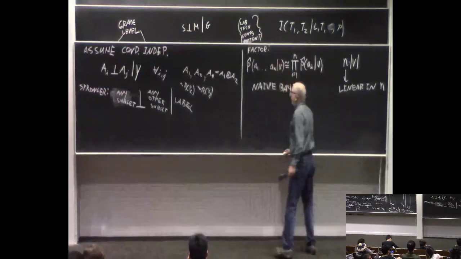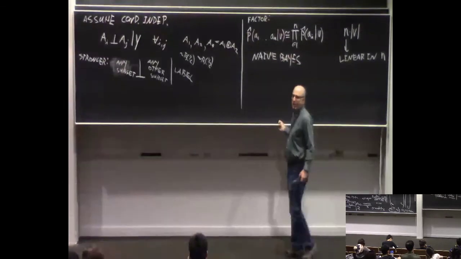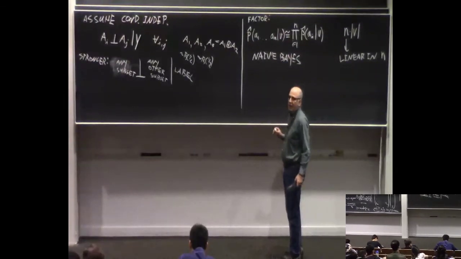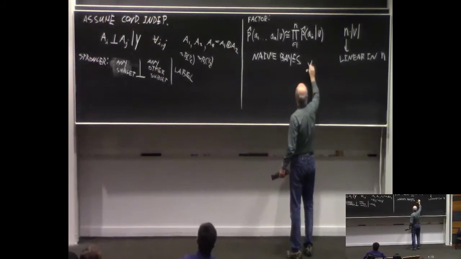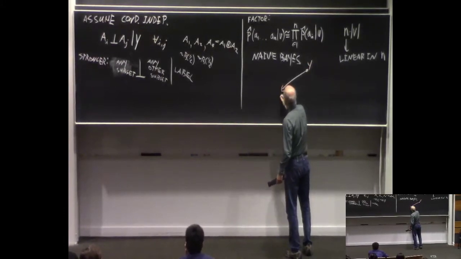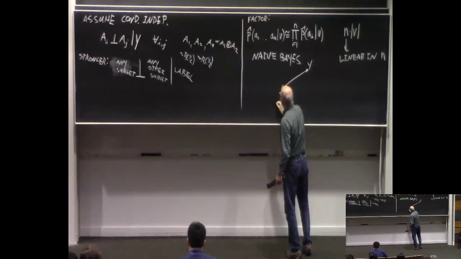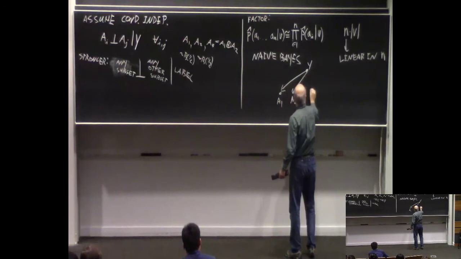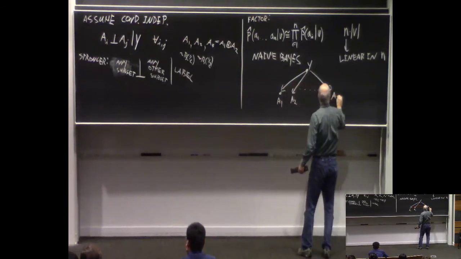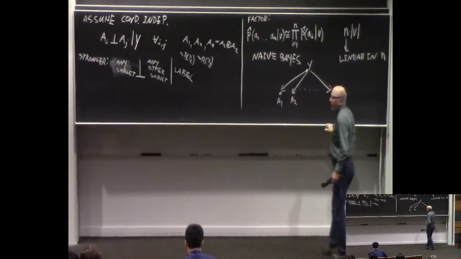I'm going to draw a graph that corresponds to the naive Bayes assumption. We'll talk about how to read these graphs in general later, but for now I just want to put it here. Here's the label, Y, and here are the covariates, A1, A2, AN.